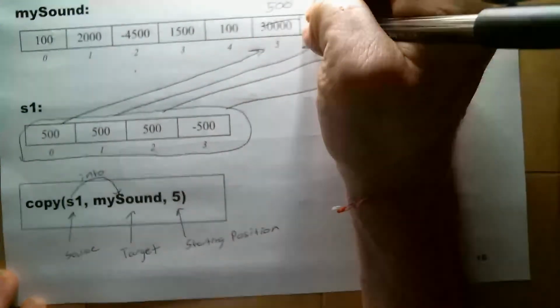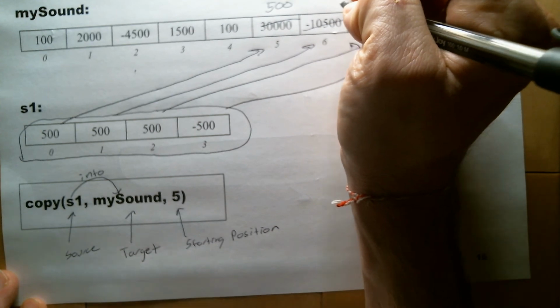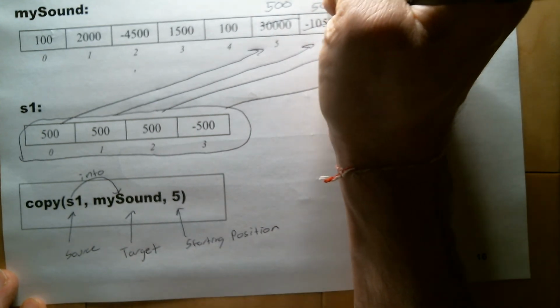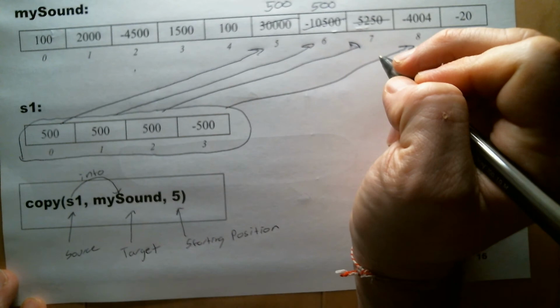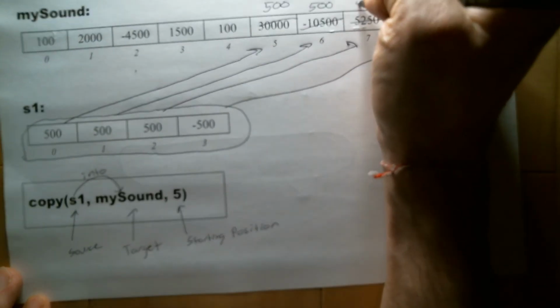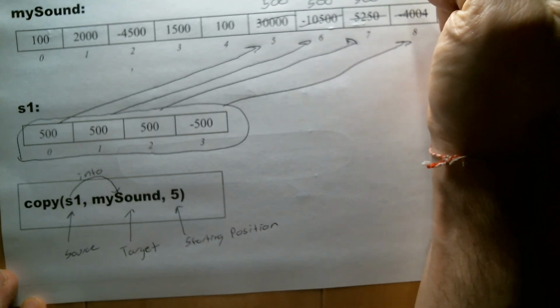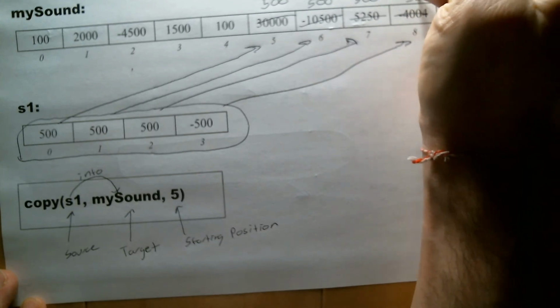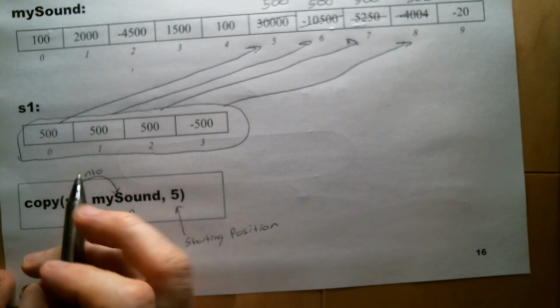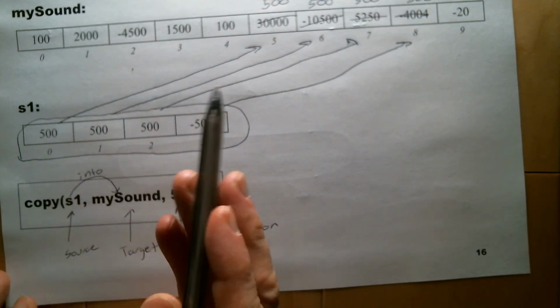Instead of being this negative 10,500, it's going to have another 500. Instead of it having 5,250, it's going to have another 500. And then finally, instead of negative 4004, it's going to have negative 500. So it just takes a smaller clip and copies it into a location.